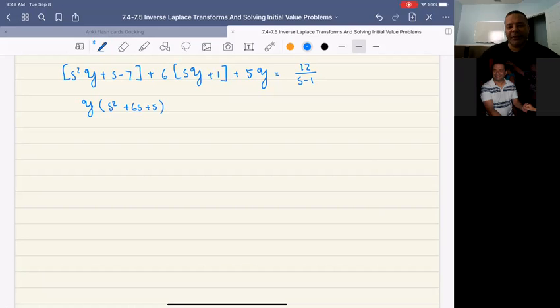Now I still on this side have plus s minus 1 equals 12 over s minus 1. Okay, so this plus s came here. This negative 7 and this 6 got together to join and become negative 1. Okay?